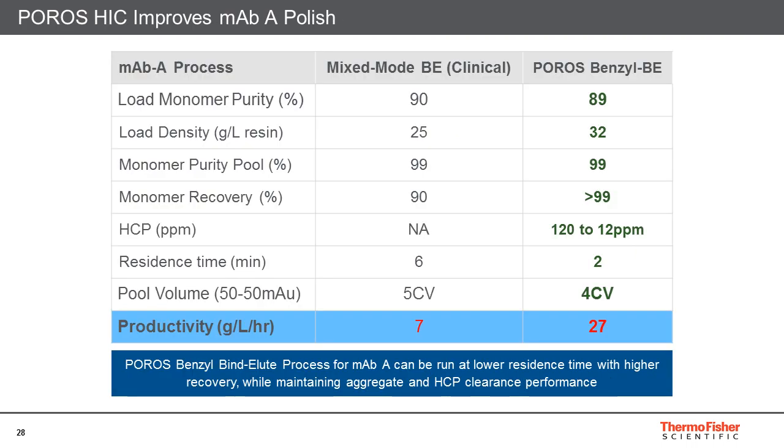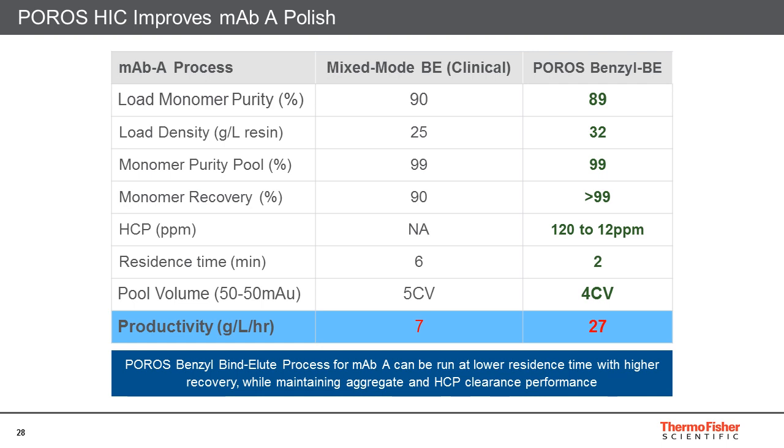So on the next slide, I'm showing the clinical process for mAb that was optimized previously, compared to our HIC bind and elute process on porous benzyl. And our process, as you can see, resulted in a higher load capacity, significantly lower residence time, so 6 minutes versus 2 minutes, with a 10% higher monomer recovery.